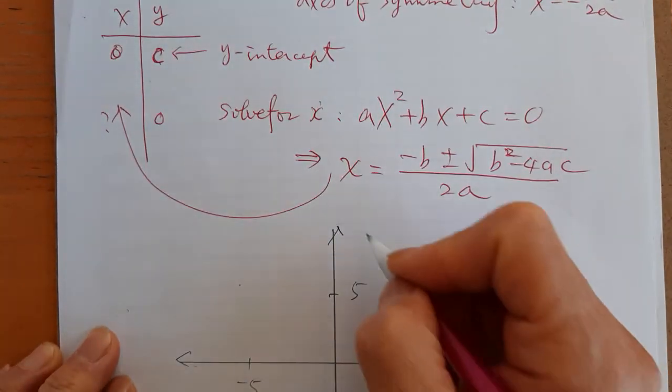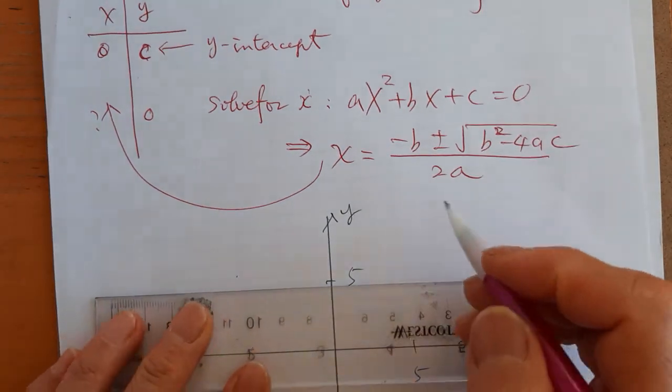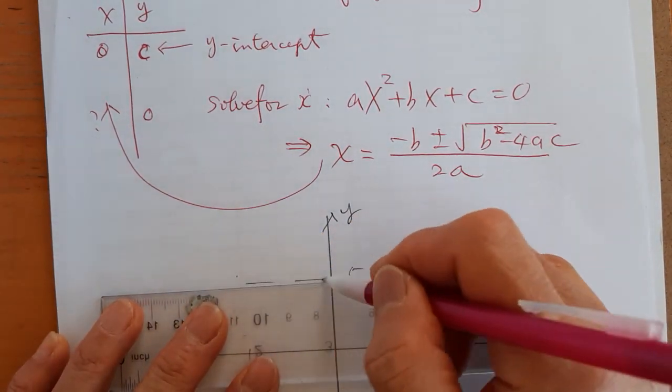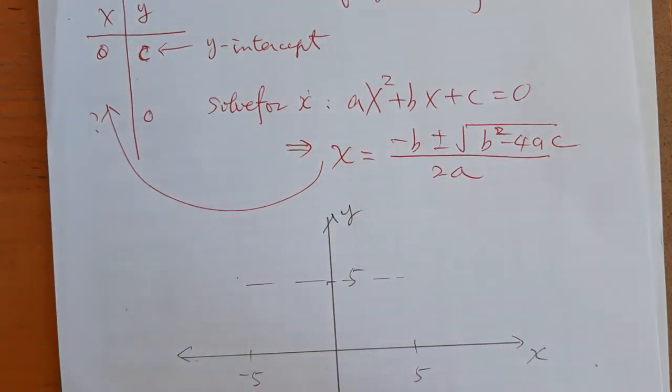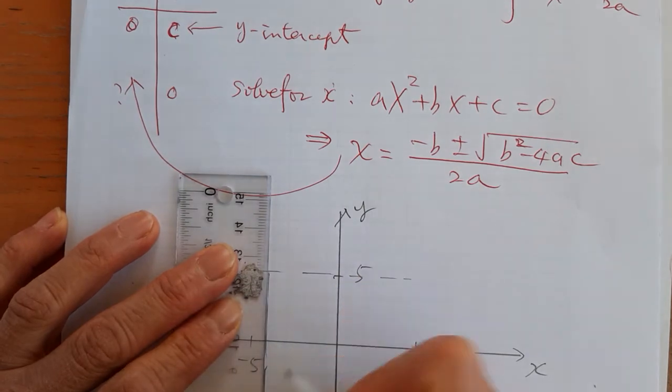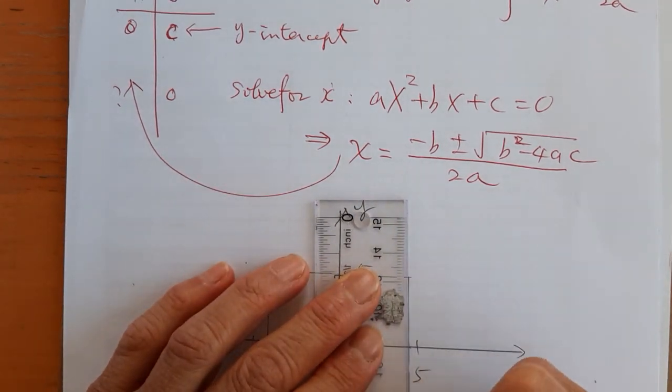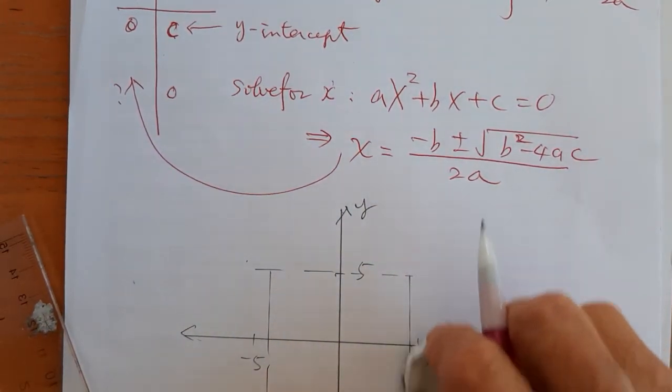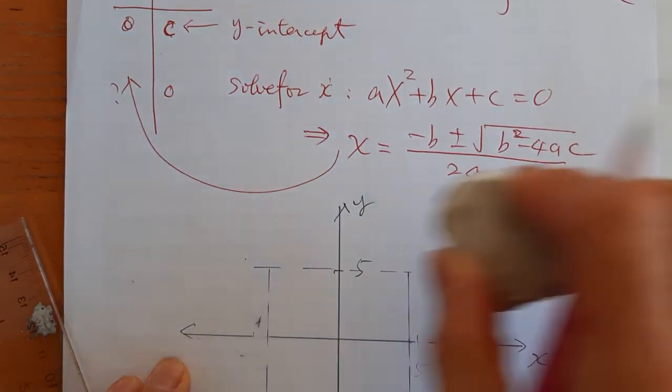Now you draw through this 5, through this negative 5, and through negative 5 and positive 5, and draw a rectangle box.